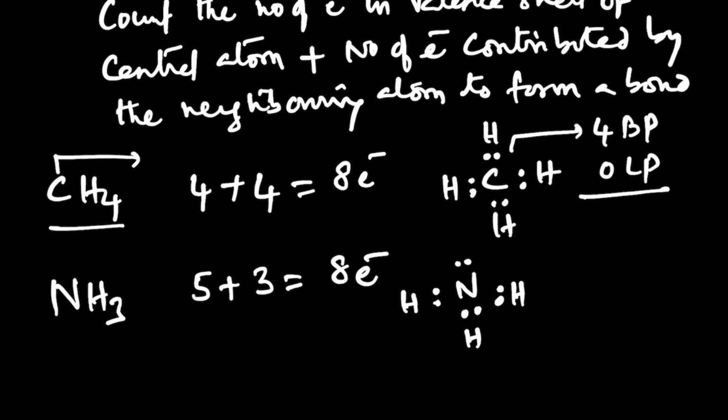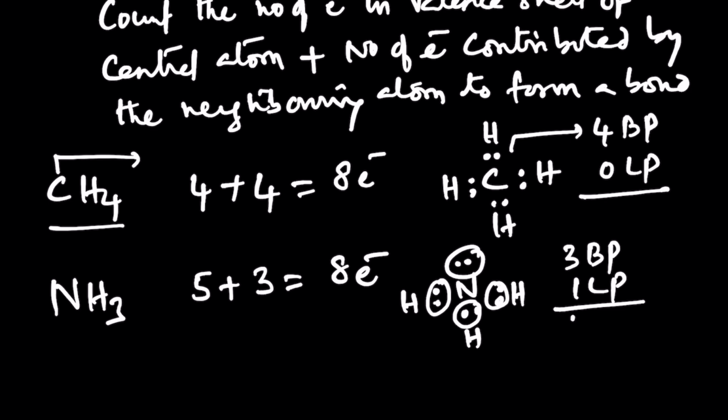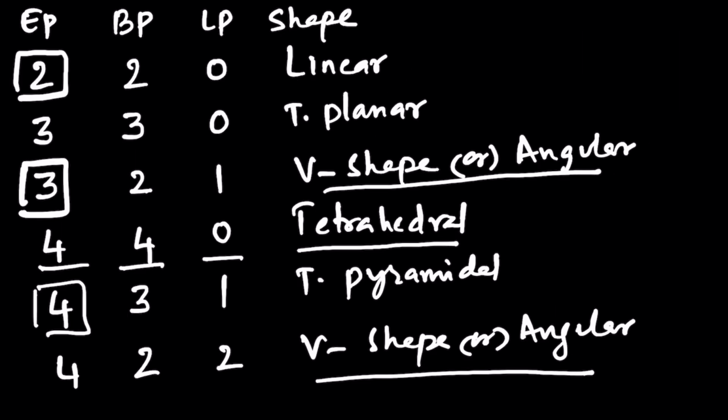Arrange the fourth one as a non-bonding electron pair. So this is bond pair, this is bond pair, this is bond pair. You have 3 bond pairs plus 1 lone pair. Total electron pairs are 4. Hybridization will be sp3 and 3 bond pairs, 1 lone pair. Go to the tabular column. 4 electron pairs, 3 bond pairs, 1 lone pair, trigonal pyramidal.